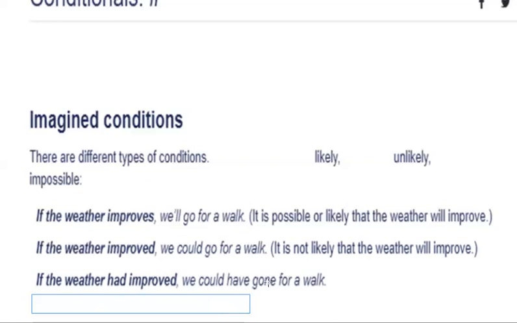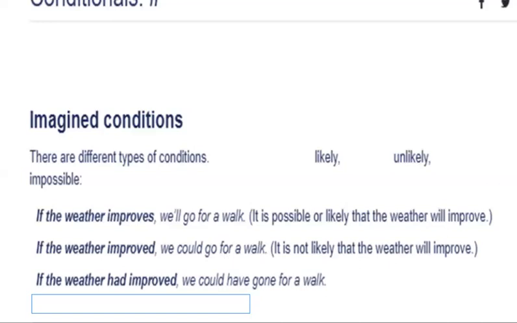As you can see, if we make the first part of the sentence in the past perfect, and in the second part we use the modal verb as well as the third form of the verb, then we will be able to make the impossible sentence. I repeat, if the weather had improved: first part in the past perfect, and second part modal verb plus the third form of the verb, then we will be able to make the third conditional sentence.